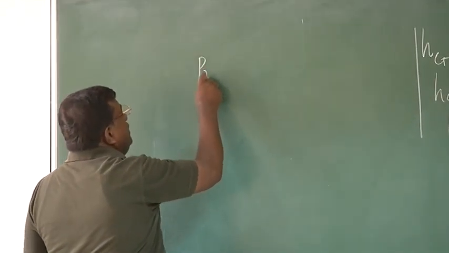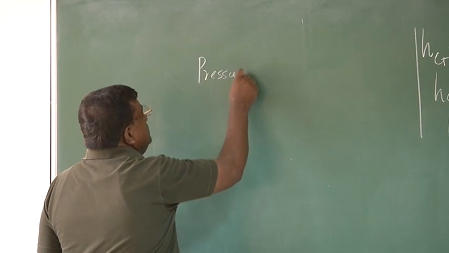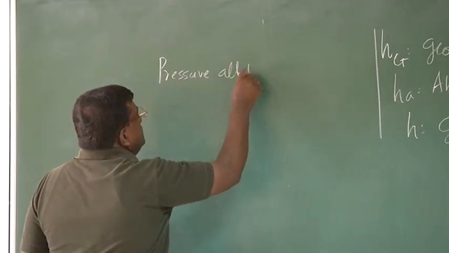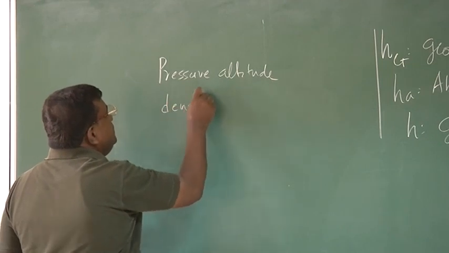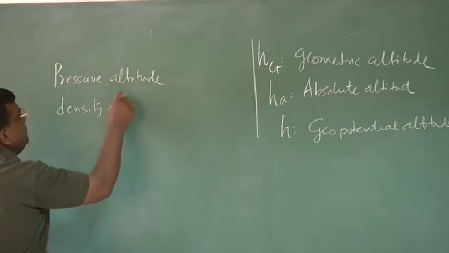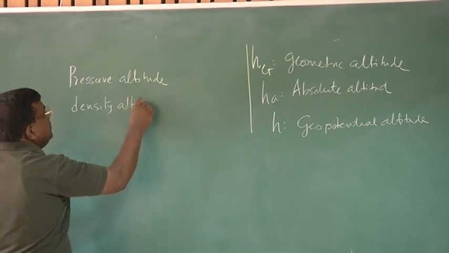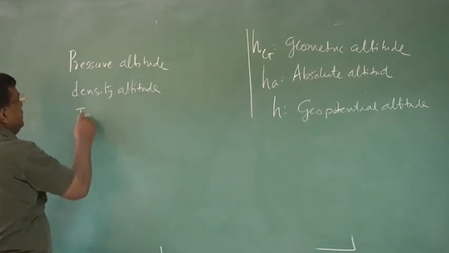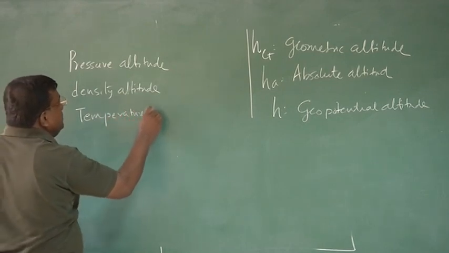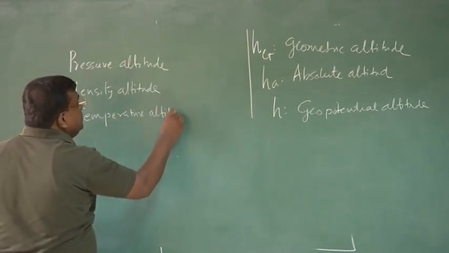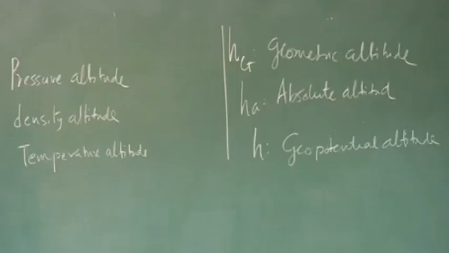One is pressure altitude. Density altitude. Then temperature altitude. What are these?